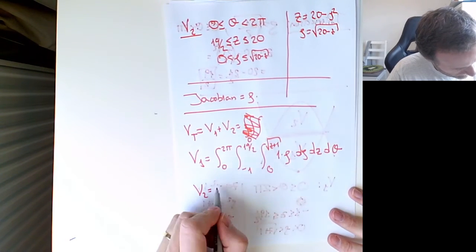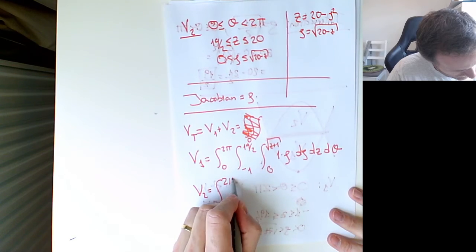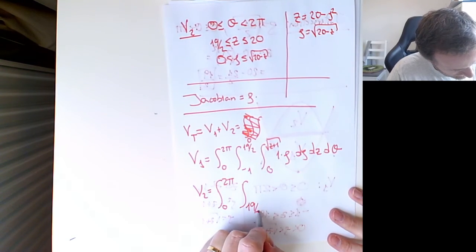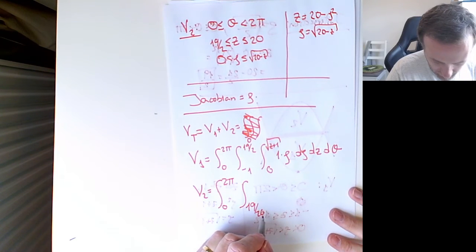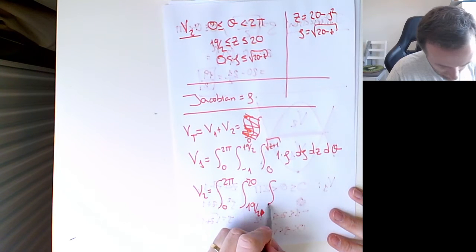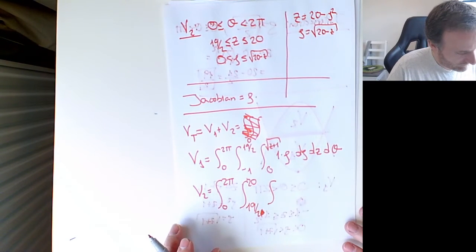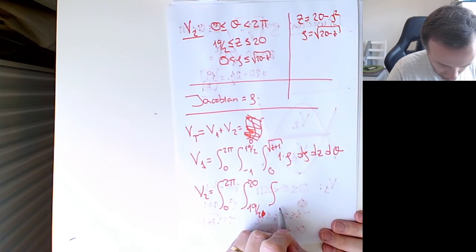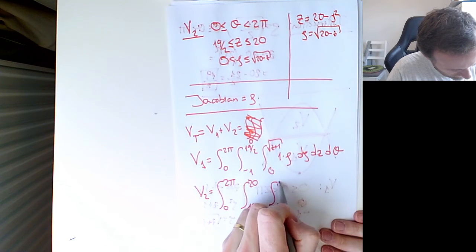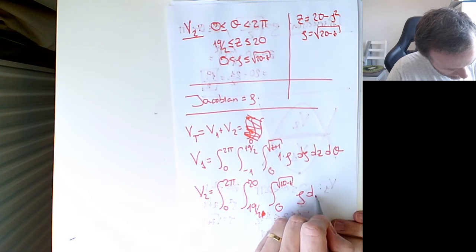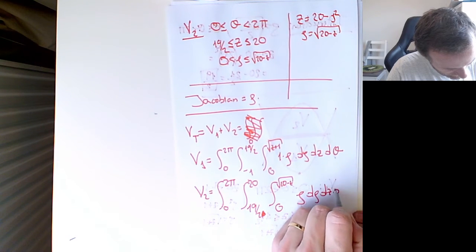And the second volume is the triple integral from 0 to 2 pi, z from 19 halves to 20, rho from 0 to the square root of 20 minus z, of rho, dz d theta.